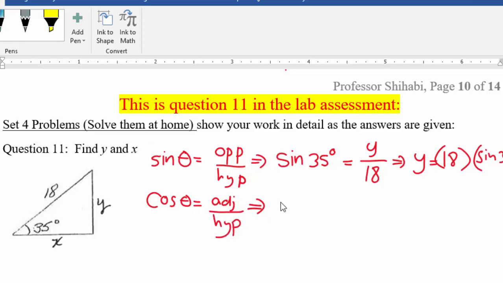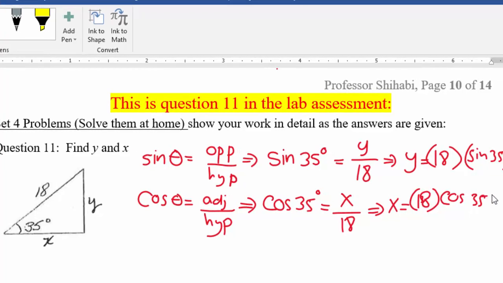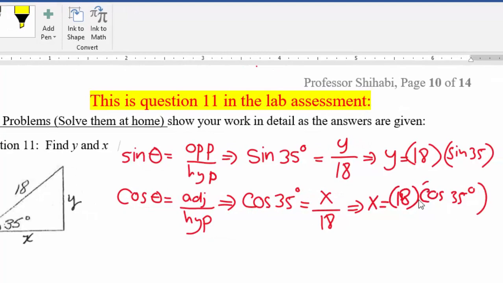And now we can plug in the value, 35, so cosine 35 degrees is equal to the adjacent, which is x, over the hypotenuse, which is 18, and we can go ahead and solve for x, which will be 18 times cosine 35 degrees. Okay, I'll let you do the calculations.